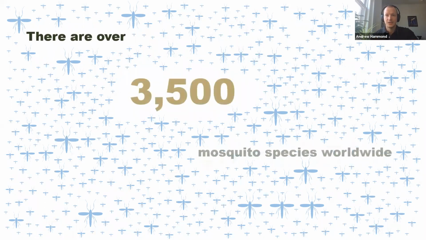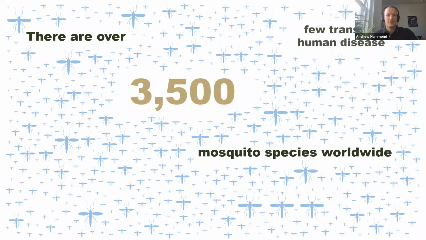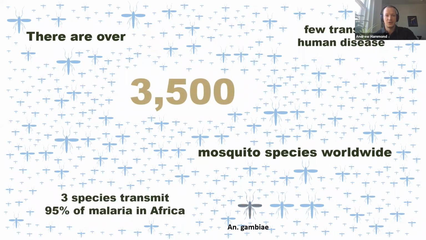So when we talk about the mosquito, I want to be a bit specific here, because there are actually 3,500 species of mosquito. And there are actually very few of these that transmit disease to humans. And it's believed that there are just 3 main species complexes that transmit 95% of malaria. And I would like to update the slide a little bit, because I say Anopheles gambiae, Anopheles coluzzii, and Anopheles arabiensis.